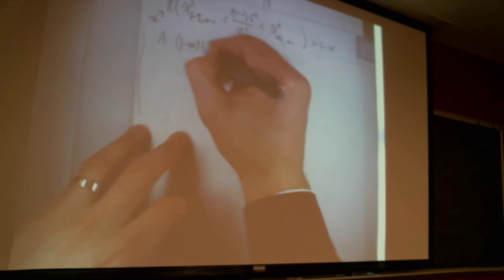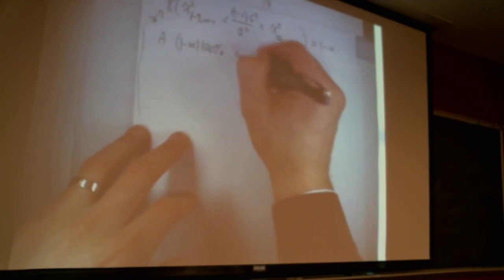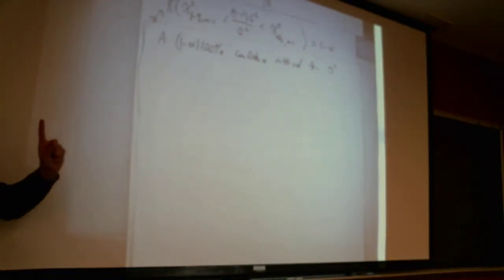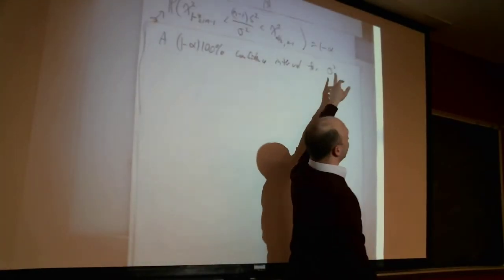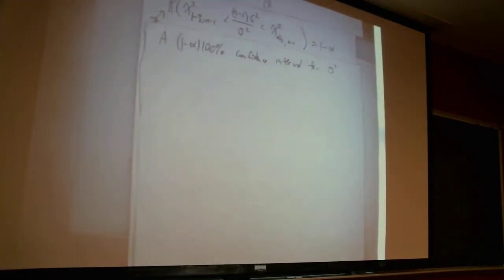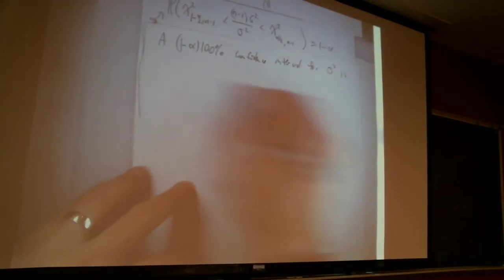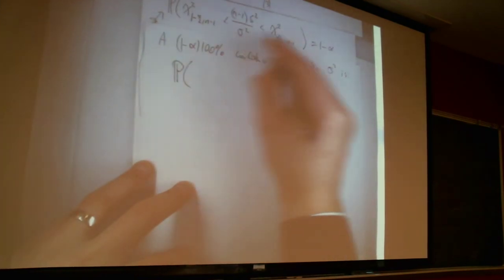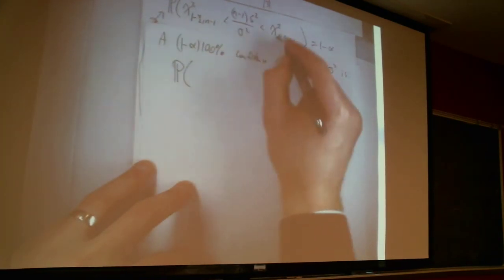So a 1 minus alpha percent confidence interval for sigma squared, again coming from Gaussian IID samples, is given by the fact that the probability. So let me multiply by sigma squared and divide by this number.